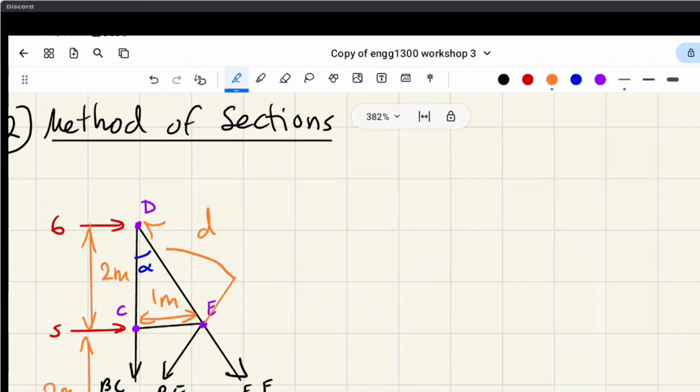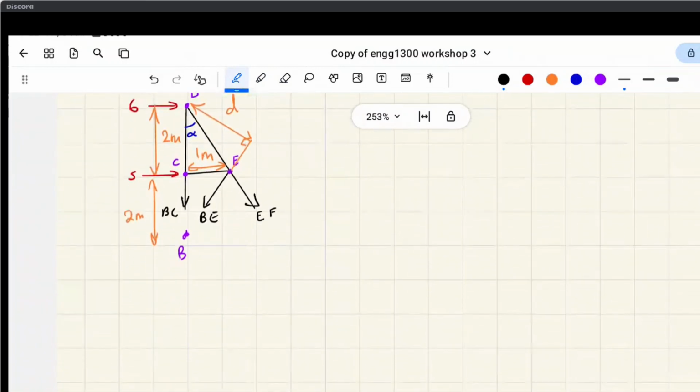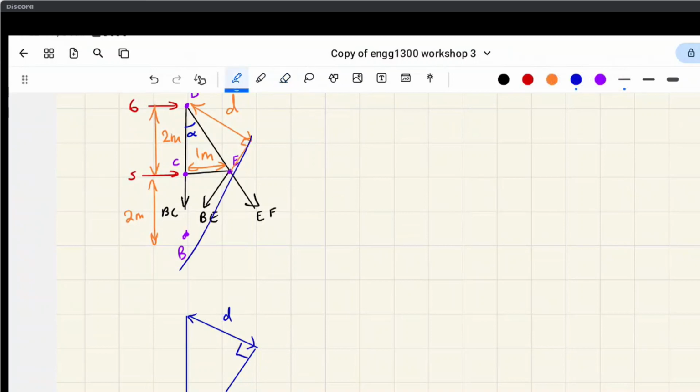So we're just extending this arrow and then 90 degrees off of it, right? What we're going to do is we're going to work out D. How are we going to work out D? Do it like this. We know that we can form a triangle like this, right?